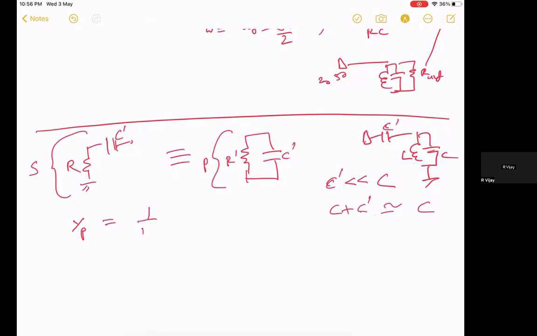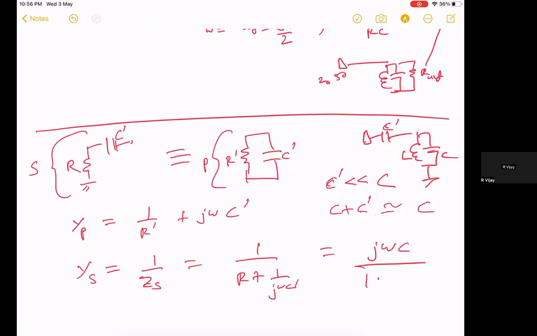So it's 1 over R prime plus J omega C prime. And Y of S is 1 over Z of S, which is 1 over R plus 1 over J omega C prime. That's just a series combination of R and C prime, which is J omega C prime over 1 plus J omega C prime R.